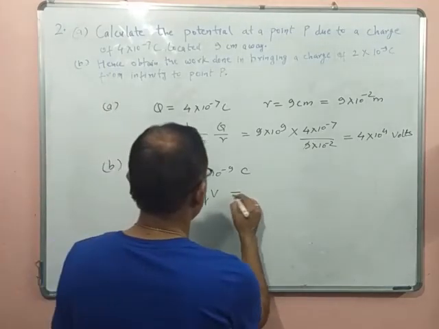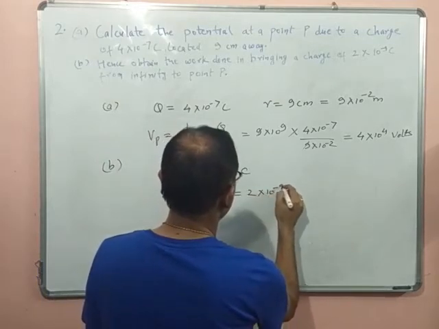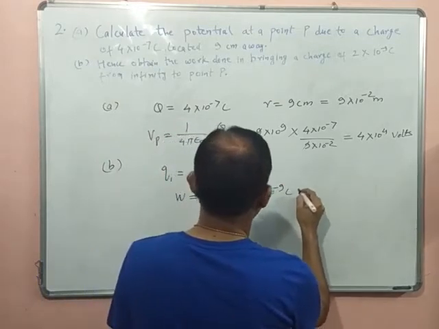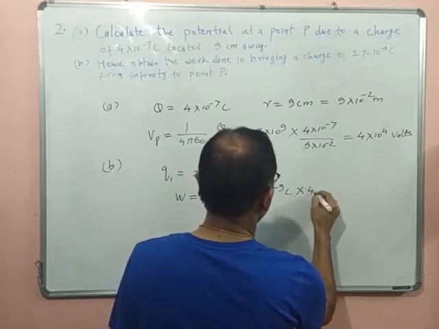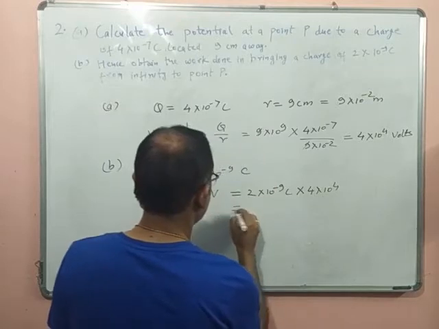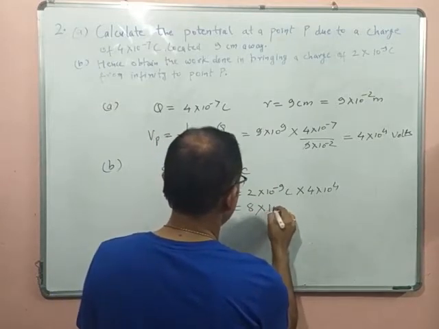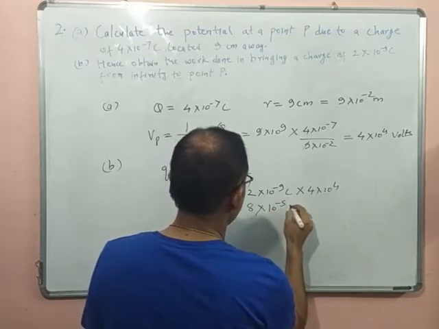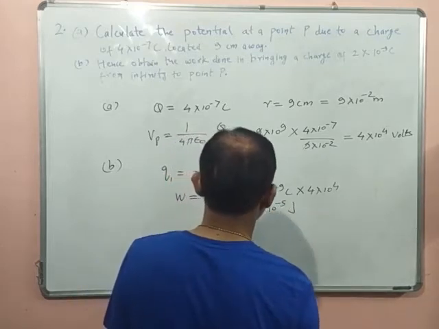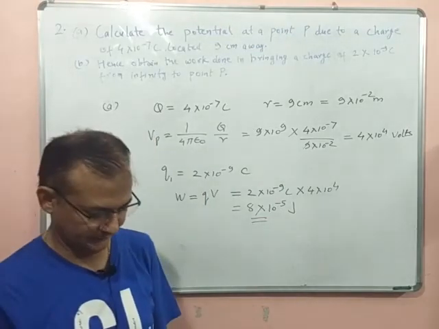So here the charge is 2 into 10 to the power minus 9 Coulomb, and potential is 4 into 10 to the power 4 volts. So this becomes 4 twos are 8 into 10 to the power minus 5 joules. So this is the work done.